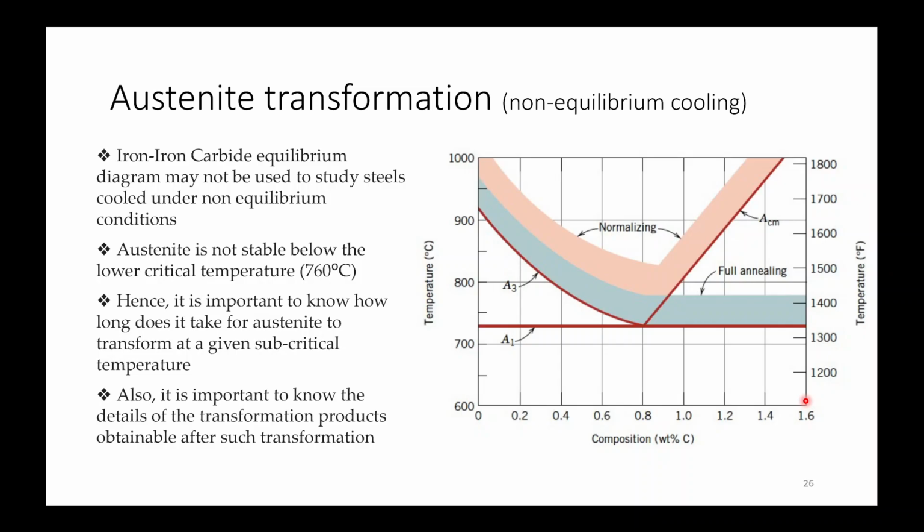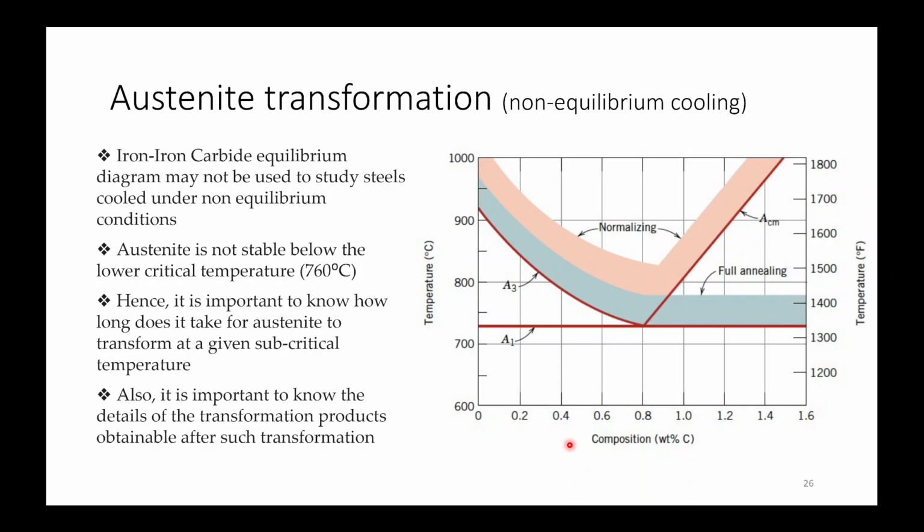Whatever the proeutectoid constituents may be, for the pearlite the amount of ferrite and cementite, their ratio, is always fixed, because you have alternate layers of cementite and ferrite.